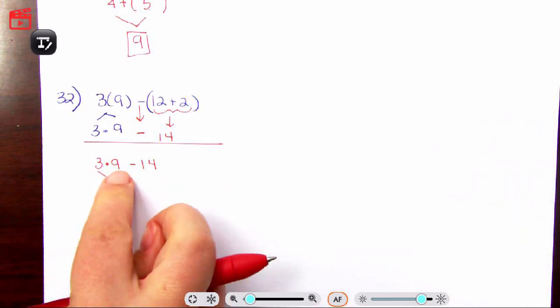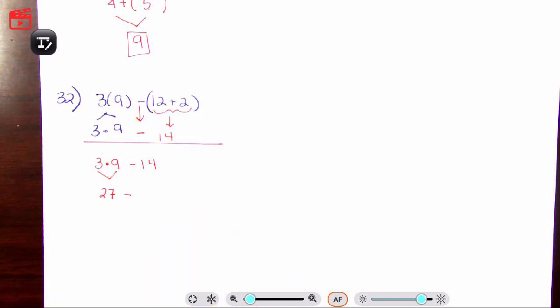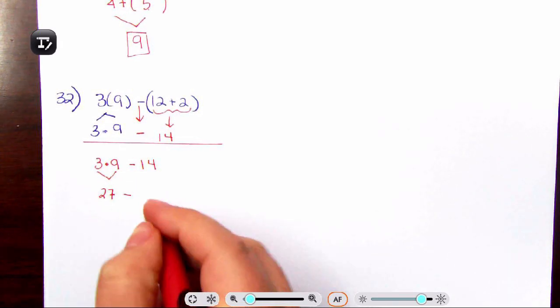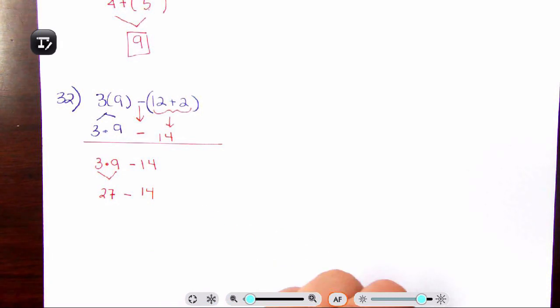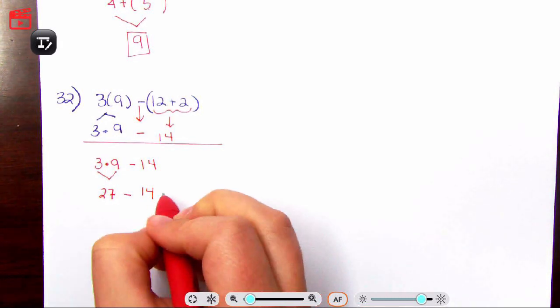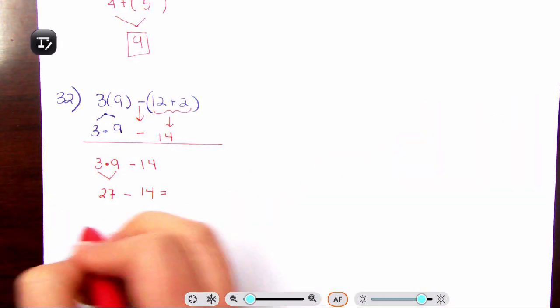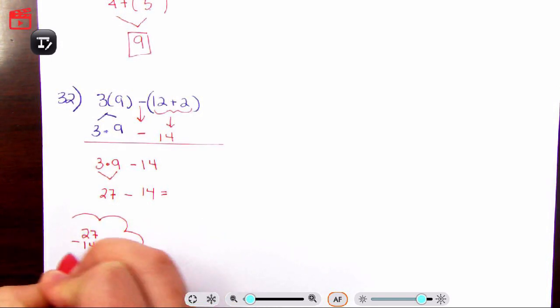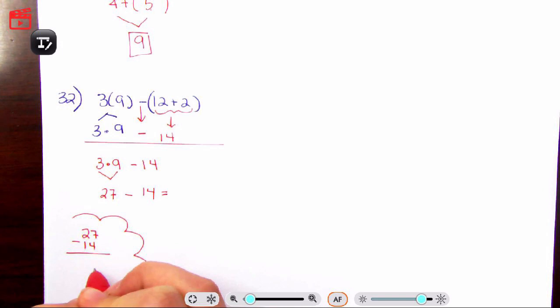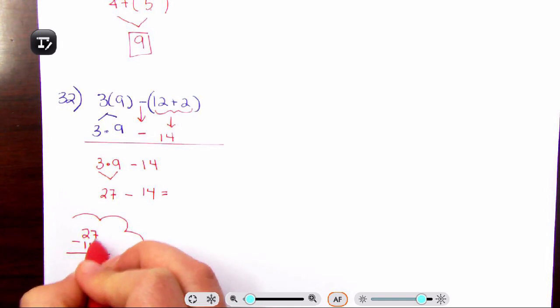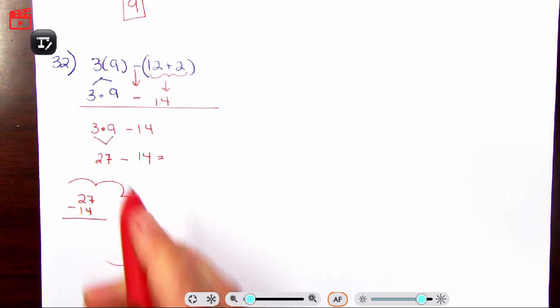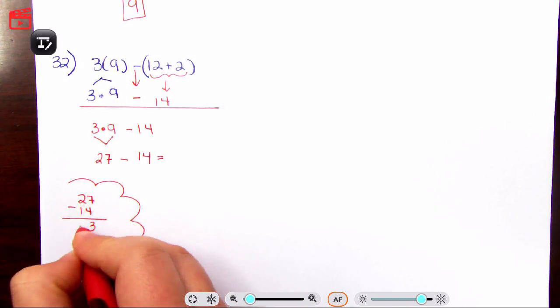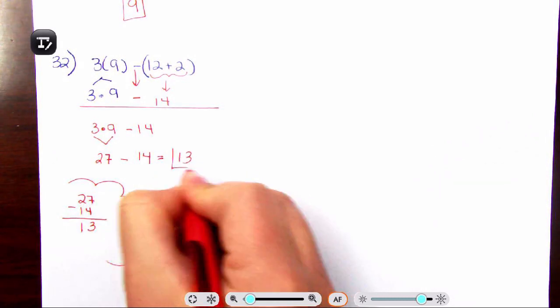What I did is I know that 9 times 2 is 18, so I just added 9 more to that to see if in fact it was 27, and it was. 27 minus 14. If you wanted to do a thinking bubble and do it the long way, 27 minus 14. 7 minus 4, excuse me, I said that wrong. 7 minus 4 is 3. 2 minus 1 is 1, so our answer is 13.